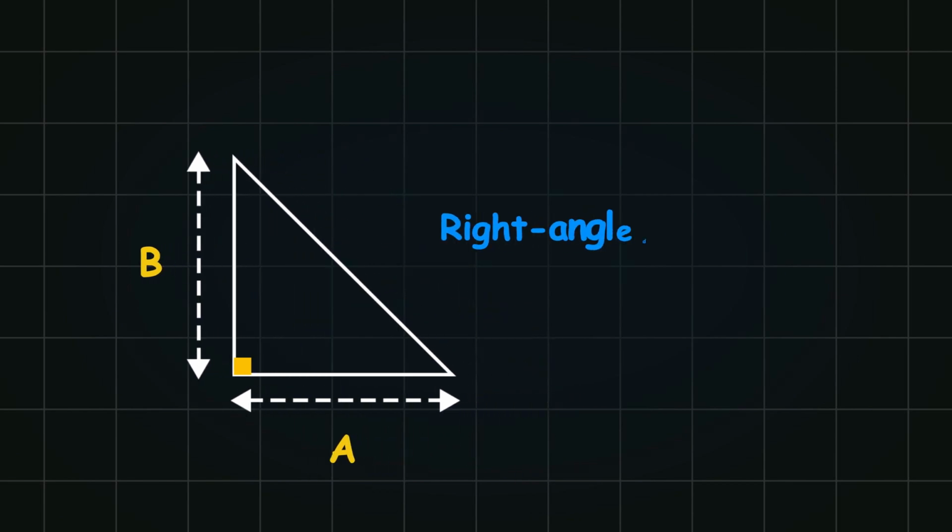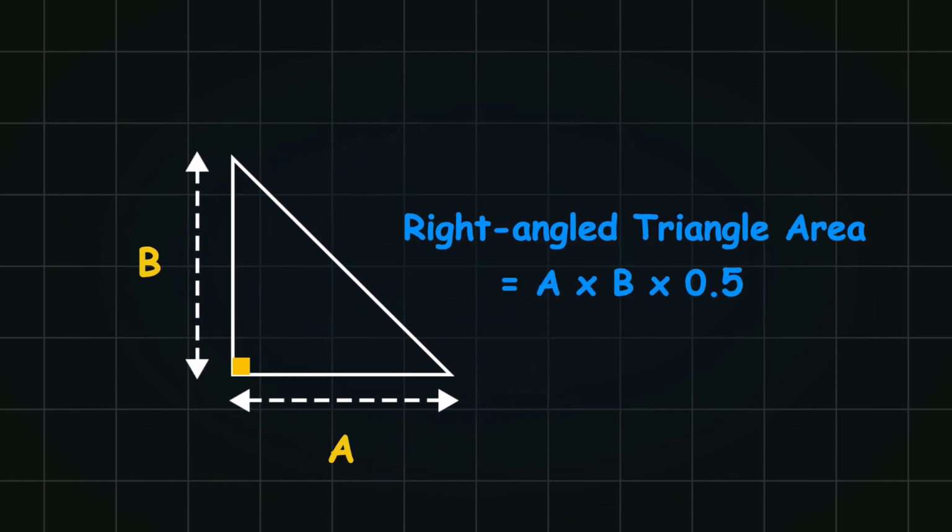But yeah, we're going to want to multiply these two lengths, and then find the answer of that. Let's say B in this case is equal to 7, and A in this case is equal to 9. We're going to want to do 7 times 9, which is going to be 63, and then we want to do 63 times a half. So B times A, and that value times a half.